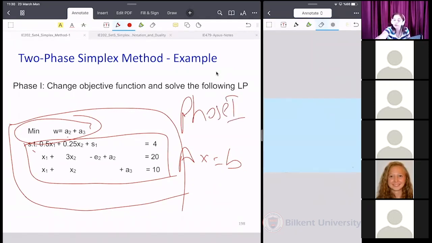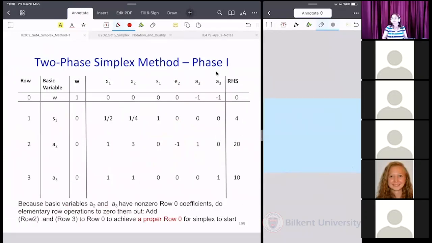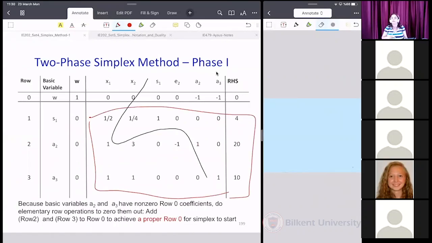So I will first solve an optimization problem with a new objective function. I don't care what the original objective function was for phase 1. I just put my artificials and here's my phase 1. This part is exactly the same as it was in the big M, but the objective function is different.